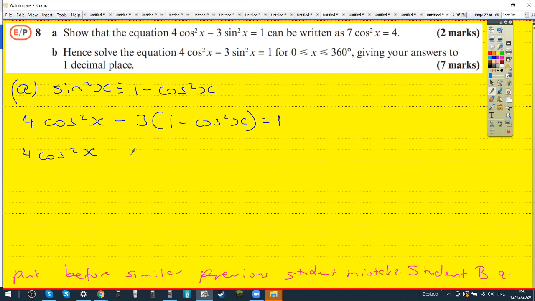Multiply by minus 1 as well. Multiply by 1 as well. So it would be 4 cos squared x minus 3. And then would it just be cos squared, or 3 cos squared? Yeah, plus or minus. Plus. Well done.